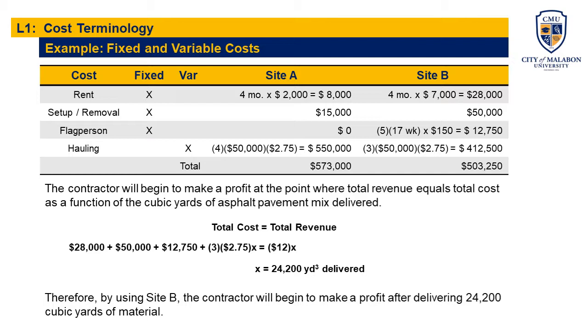If we solve for the value of x, which is the volume, we get 24,200 cubic yards of asphalt pavement mix delivered to the job site. Therefore, by using site B, the contractor will begin to make profit after delivering 24,200 cubic yards of material.